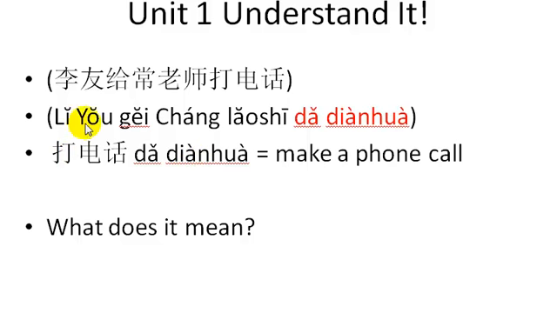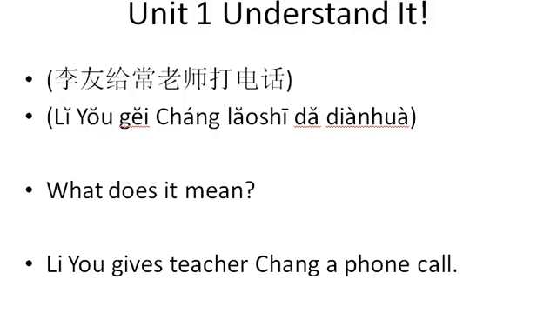So, 李友给常老师打电话. What does this sentence mean? If you want to challenge yourself, hit pause and think about how you would translate this into English. And here we go. 李友 gives teacher Chang a phone call. 李友给常老师打电话.